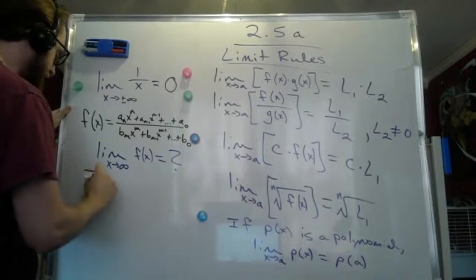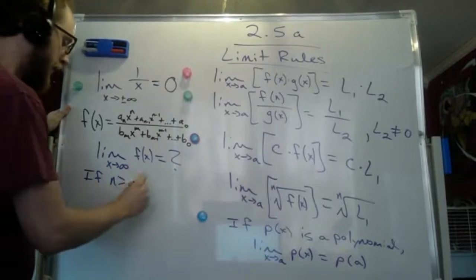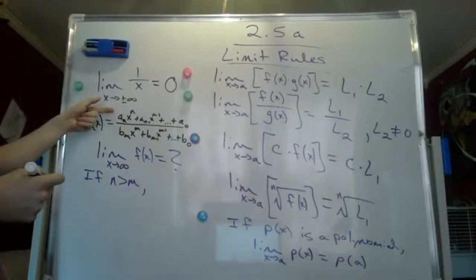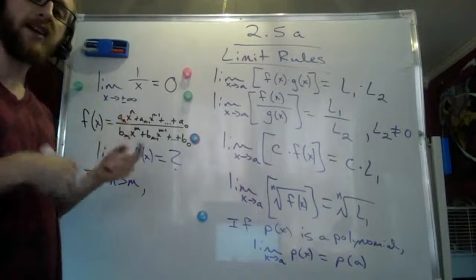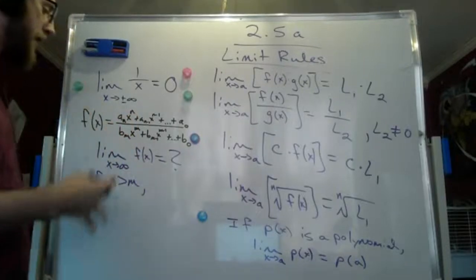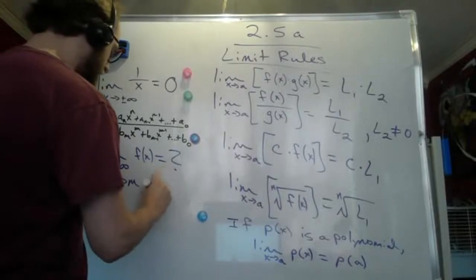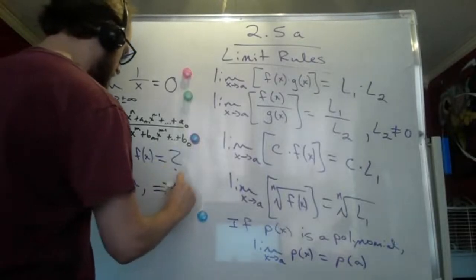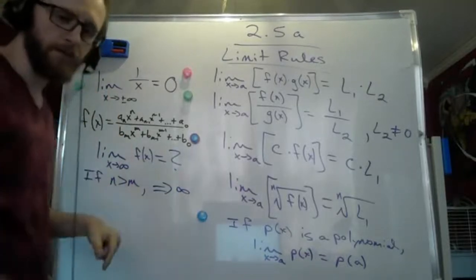If n is bigger than m, in other words, if your polynomial in the numerator has the x with the biggest power, then in that case, the answer to your limit is going to go to infinity. Why?